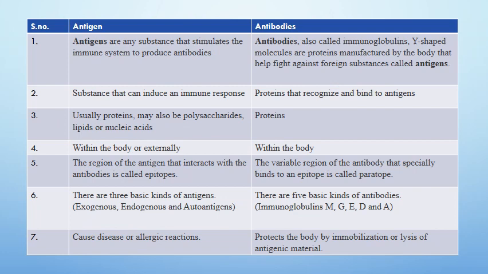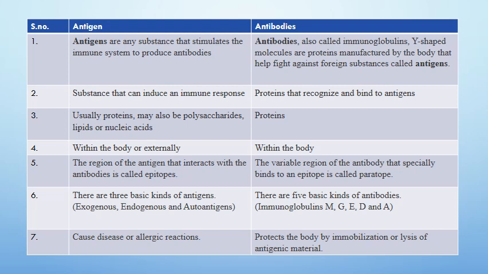Difference between antigen and antibody. Antigens are any substance that stimulates the immune system to produce antibodies. Antibodies are called immunoglobulins. They are Y-shaped protein molecules manufactured by the body that fight against a foreign substance called an antigen.